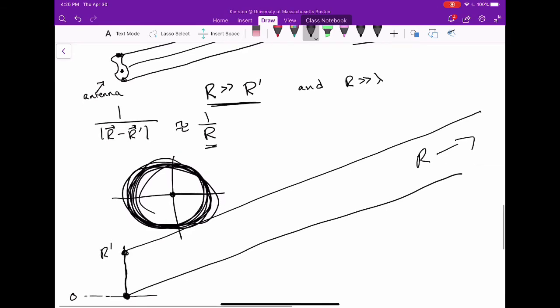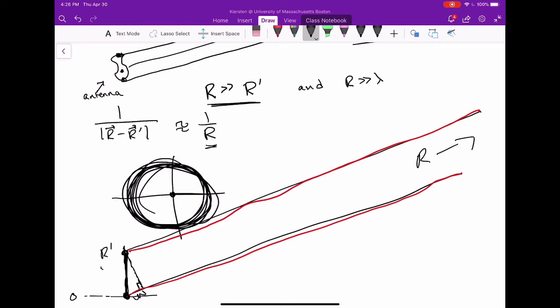What we really care about here is the difference in distance between this line and this line. And if we draw a little perpendicular line, if we drop a perpendicular down there, then we get that that difference in distance is right here.